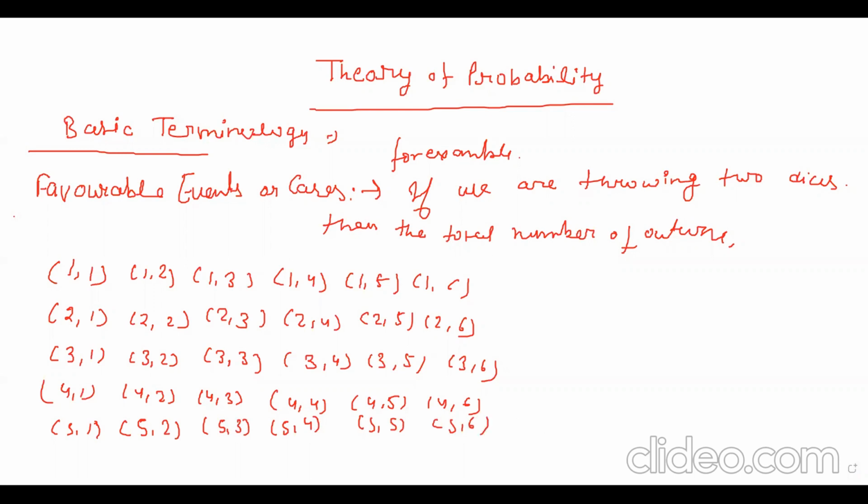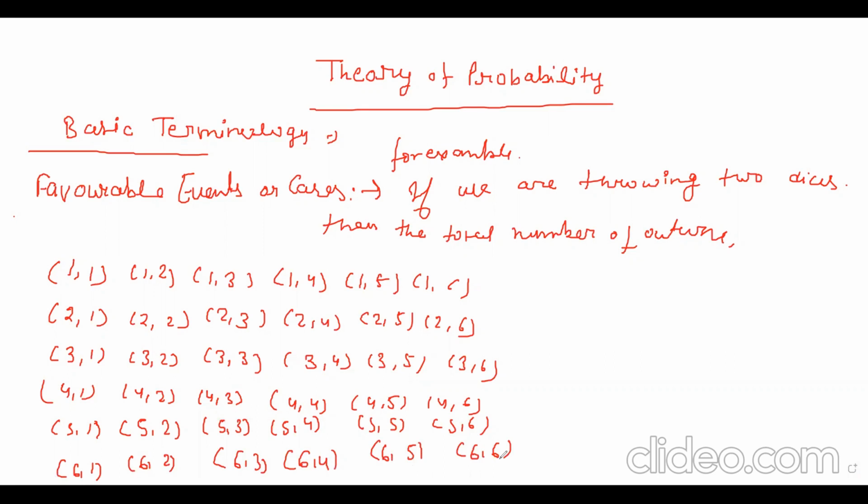And 6 1, 6 2, 6 3, 6 4, 6 5, and 6 6. These are the total number of outcomes.